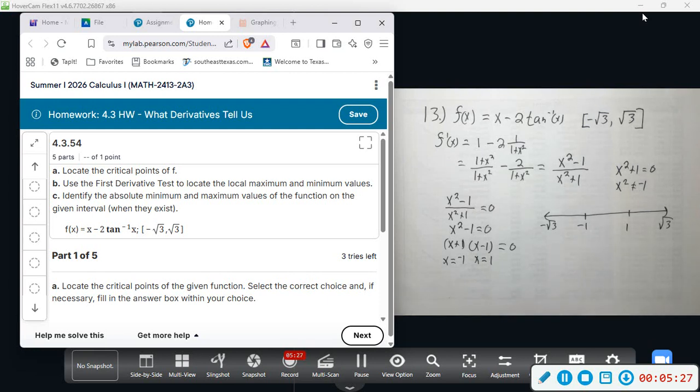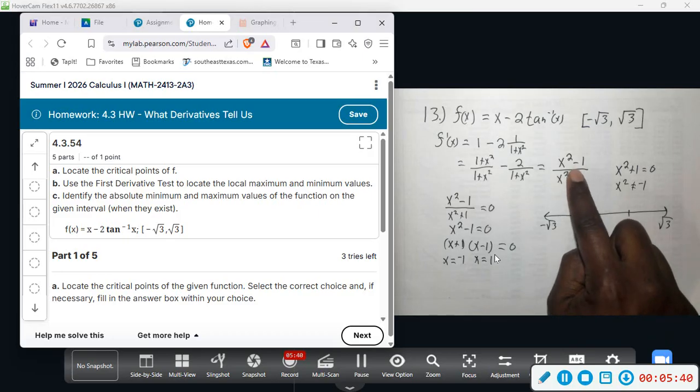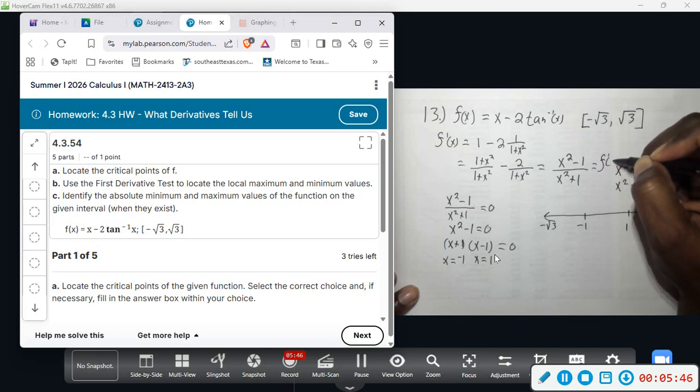Now we can pick a square root value, or we can just use a numerical value since we're dealing with a rational expression as our derivative. This is our f prime. I need to label this so I can identify it better.